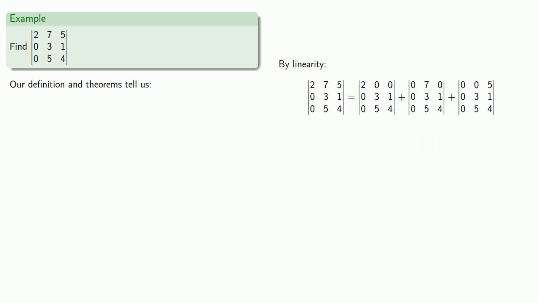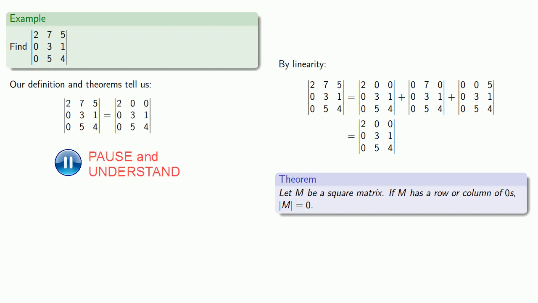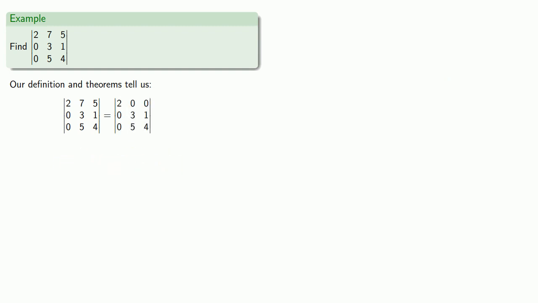And notice these last 2 matrices have a column of zeros, and our theorem says we know what that determinant will be. So the determinant of our original matrix is the same as the determinant of a much simpler matrix. Well, that was useful. Let's do that again.